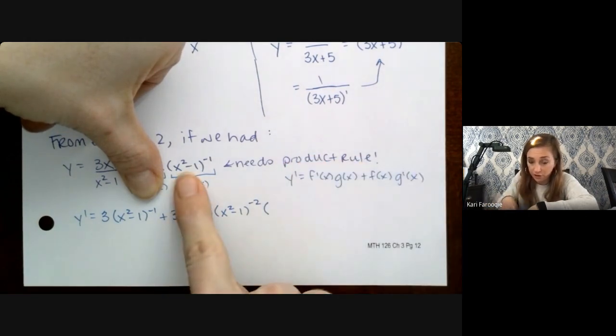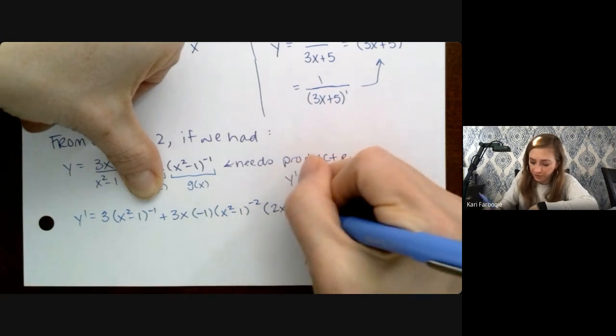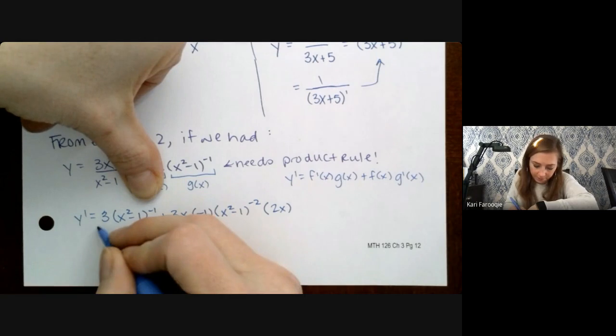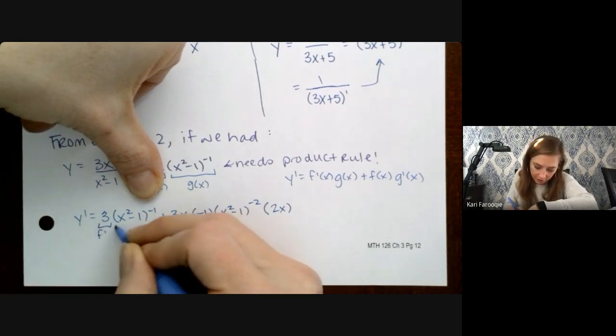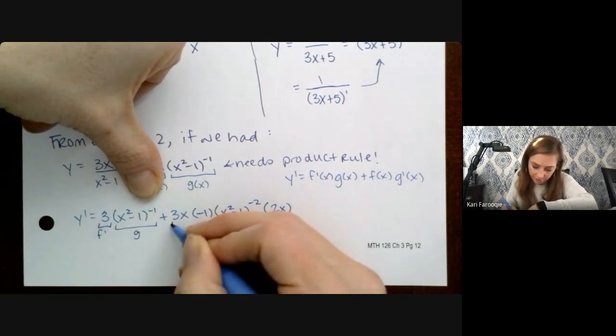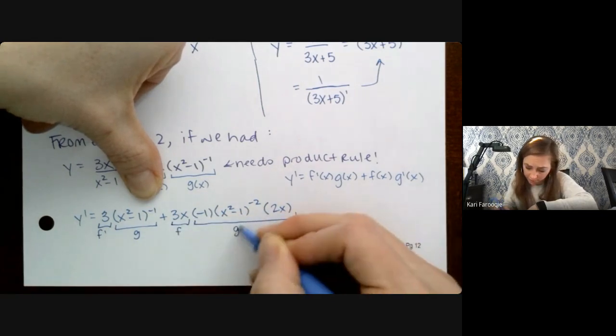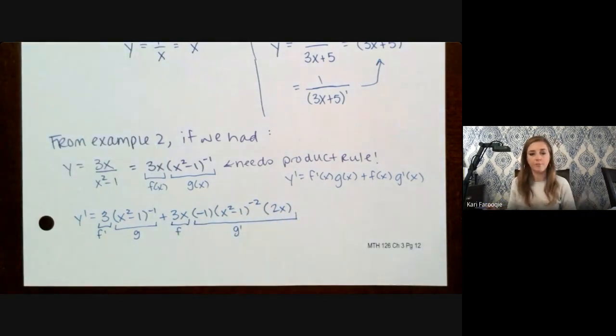The derivative of the inside function would be 2x. So this would be f prime g plus f. This whole thing is g prime. See the difference?